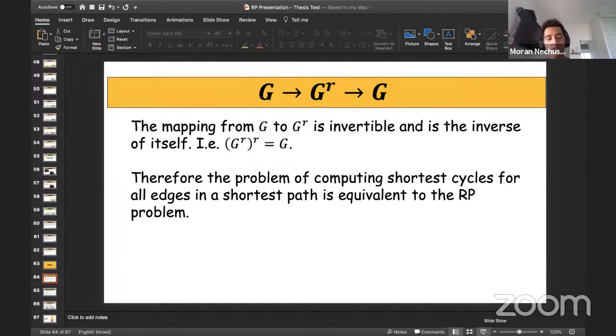Okay, so just a few words that I didn't say in the YouTube video. What we have shown is a mapping from the graph G to a new graph. This transformation is invertible and also the inverse of itself. Therefore, we've shown that the replacement path problem is equivalent to a new problem where you need to compute shortest cycles for all edges in the shortest path.